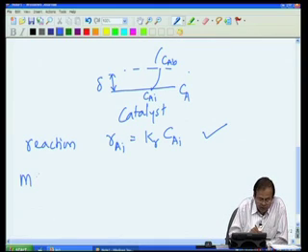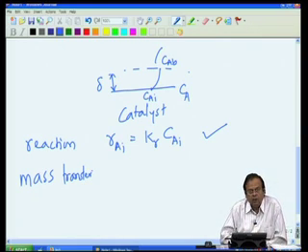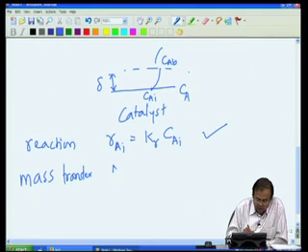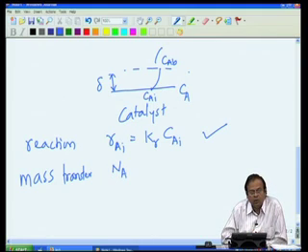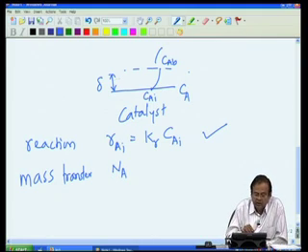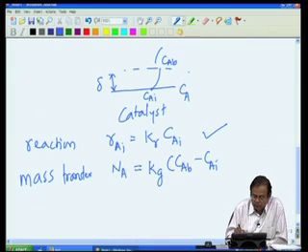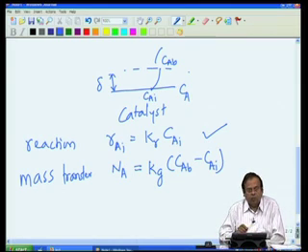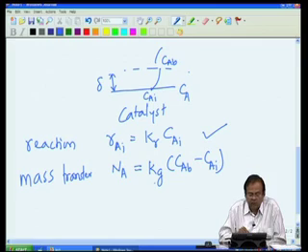So, mass transfer rate, the flux in A, if we neglect the curvature effects and write the diffusion equation, we can show this as mass transfer coefficient Kg times the driving force Cab minus Cai.